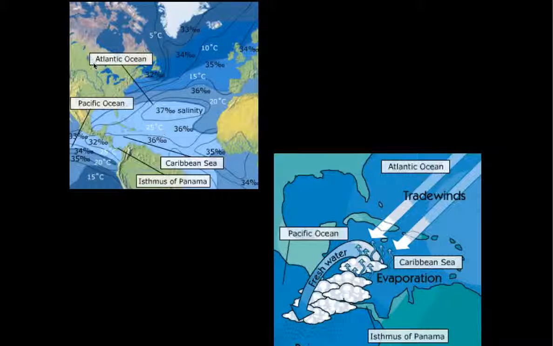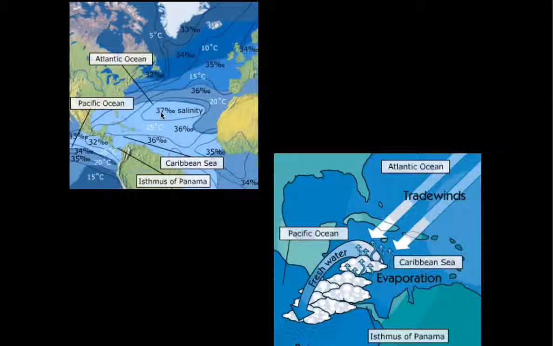Let's take a look at North America, South America, and Panama right here. The trade winds blow the waters this direction, but the waters blowing up this direction tend to evaporate, and as they evaporate, they leave behind the salts.